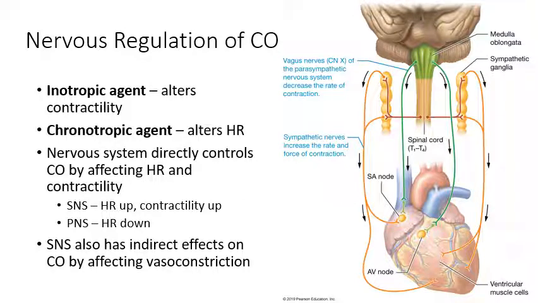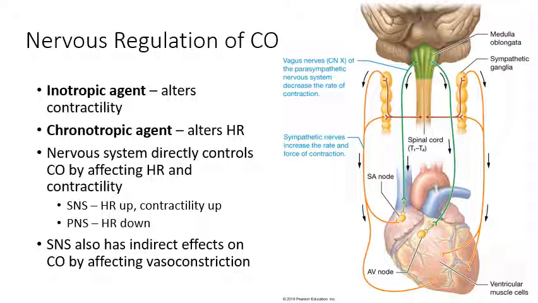Then the SNS also sends axons to the whole body of the heart, especially the ventricles, and it controls contractility as well. So when your SNS is activated, or when your sympathetic nervous system is activated, your heart rate will go up and the contractility will go up, and that means that stroke volume goes up and cardiac output goes up. If your PNS, if your parasympathetic nervous system is activated, it's the opposite effect.